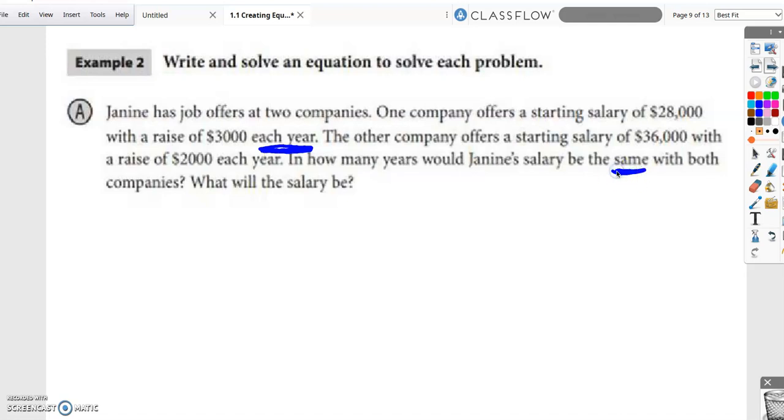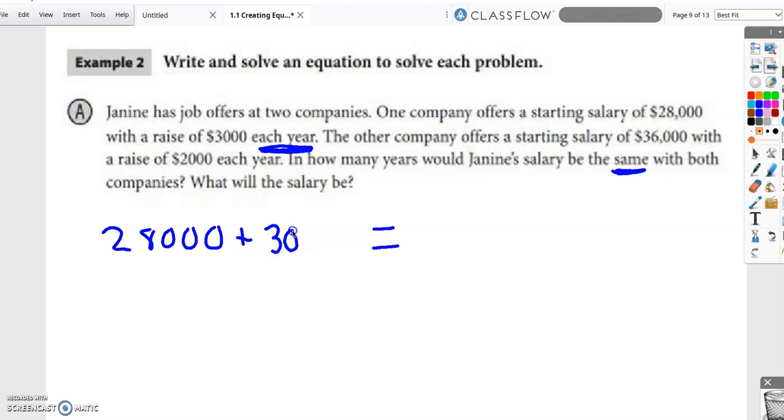If we want the equations to be the same, another word for the same means equal. So let's say the first one. She has 28,000 plus, because she gets a raise of 3,000 each year.